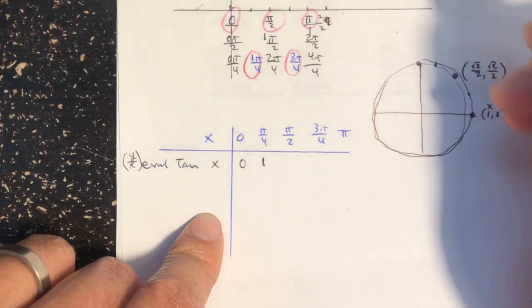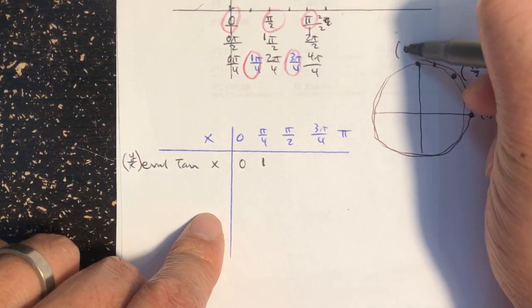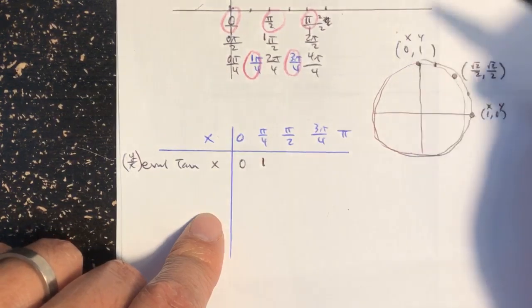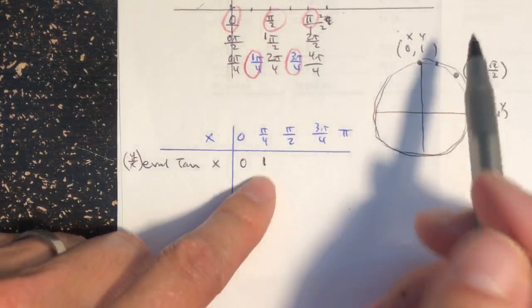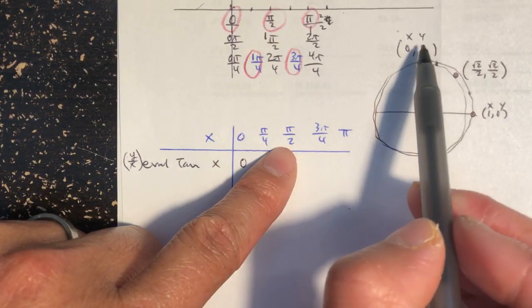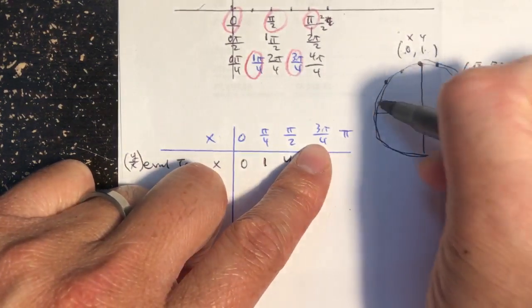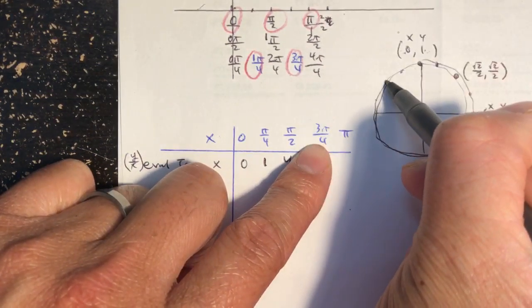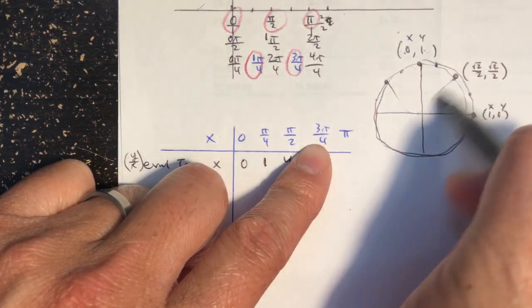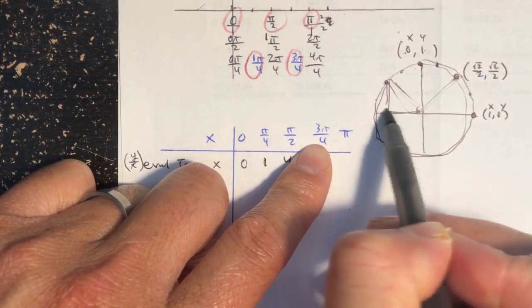And then at pi over 2, the ordered pair is (0, 1). This pi over 2 is at the quadrantal angle. 3 pi over 4 is here, so it mirrors this special right triangle, the 45-degree triangle.